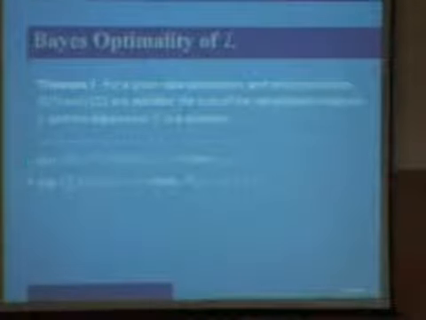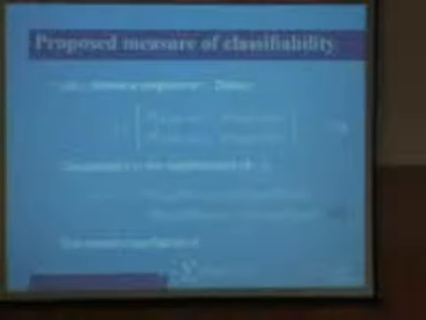The first property, which is actually the strongest property, is that for a given data distribution and under some conditions, which are fairly mild, I'll tell you about them. C1 is a fairly mild condition, C2 is a little bit harder to satisfy. But nonetheless, in practice, we often can roughly satisfy both of them. The sum of the classifiability measure, as defined by this equation, the way we computed it, and the Bayes error is a constant.